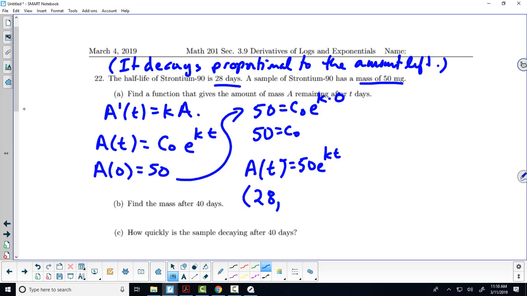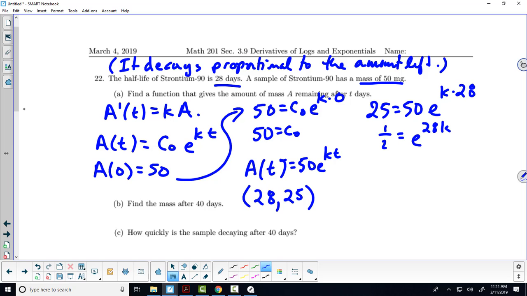After 28 days, a half-life has occurred, so I should have half of what I started with, right? So let's plug this ordered pair into the function here. We know that 25 is equal to 50 e to the k times 28, or 1/2 is equal to e to the 28k, and I can solve this expression now for k.